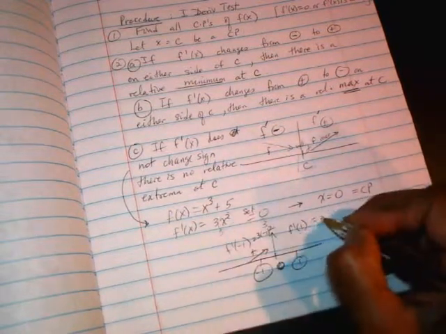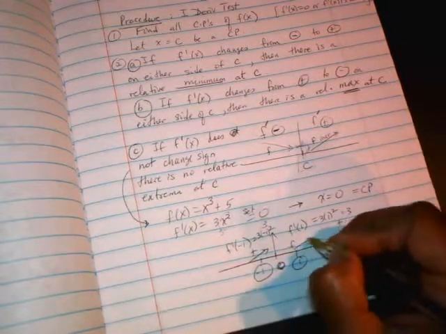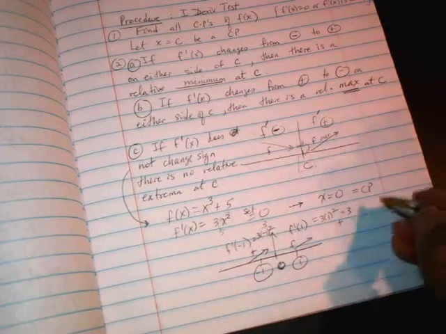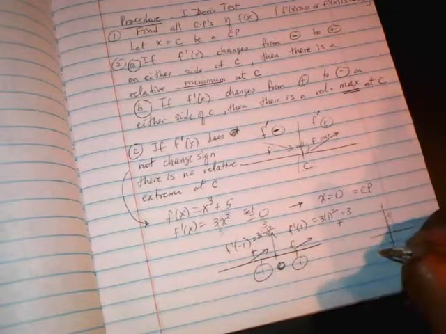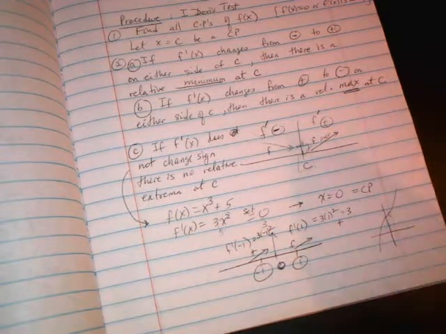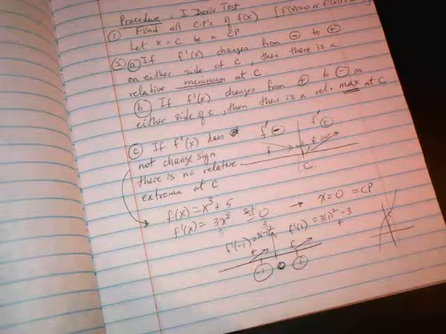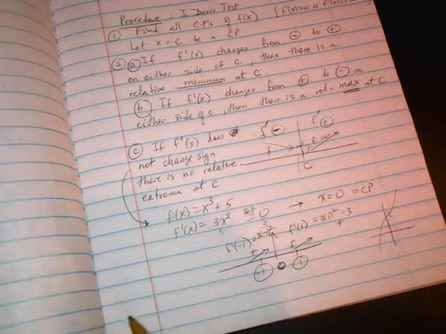Plug in 1, it's 3 times 1 squared, which is 3, positive still, so it's increasing and increasing. If you were to graph this on your calculator, you'd get a graph that looks kind of like this. So it's always increasing as you go from left to right. So that's an example of the third case. Most of the examples in your homework will be more like the first two, where you actually have a max or min.